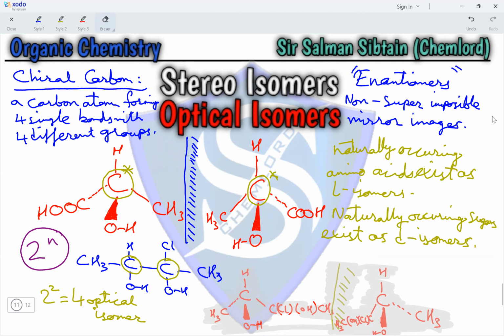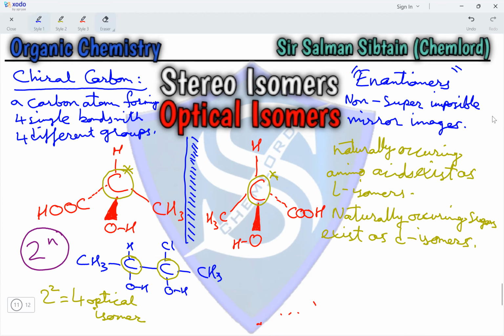So the second carbon atom will have a chlorine at the top, a hydroxide group at the bottom, a CH3 group on the right, and a CHOH CH3 group on the left in one of the isomers. And the position of the CH3 group and the CHOH CH3 will switch in the other optical isomer. So let's draw these isomers.